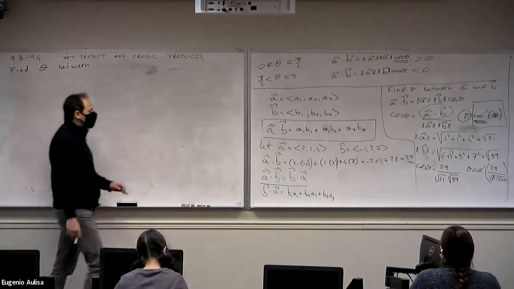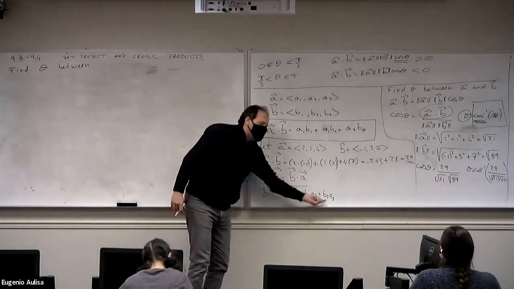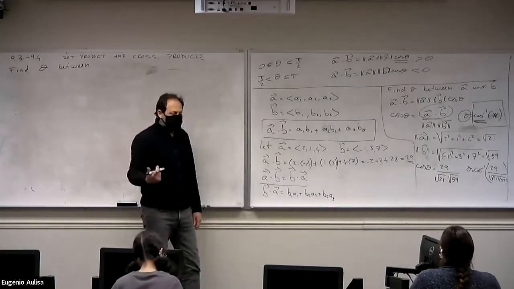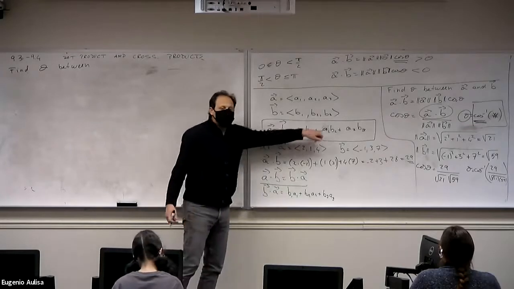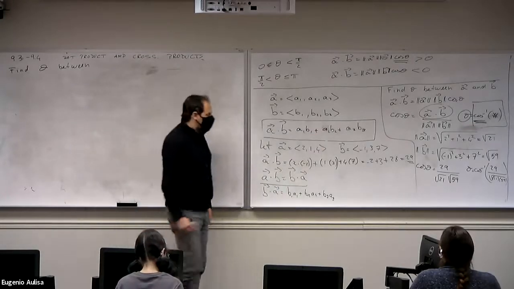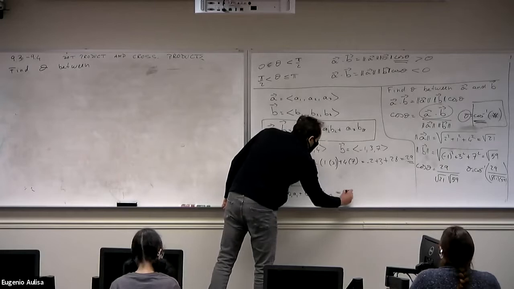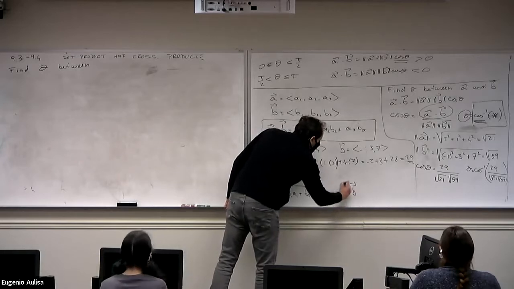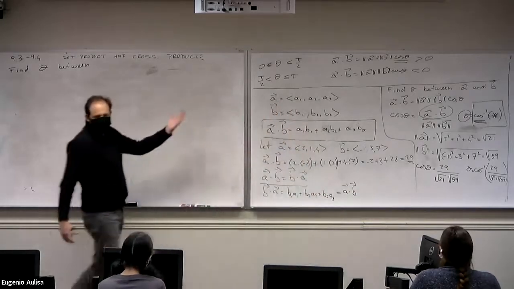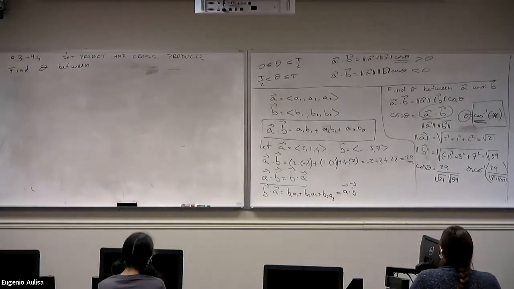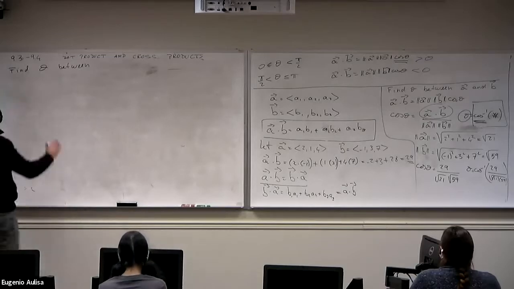But since each of these multiplications is commutative, you can reverse them and get exactly this definition here. It looks trivial, it is trivial, but the dot product is commutative. Okay? Any question on this?